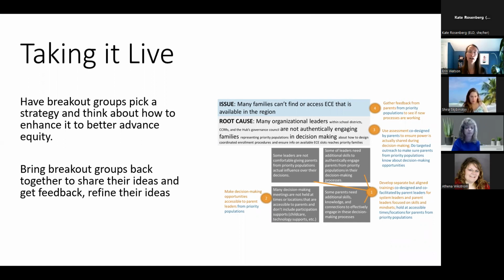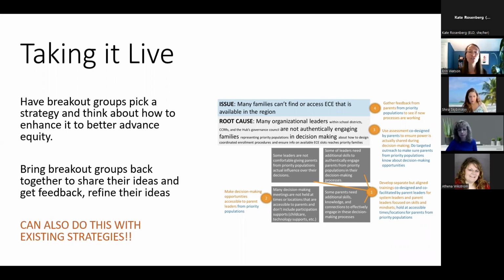Now here's a special tip. You don't just have to do this with your new system strategic plan strategies. You can even do this with existing strategies. And organizations and hub partners in their own institutions and agencies and organizations can also do this, because here's the bottom line: if everyone is designing all of their strategies and efforts and budgets and policies to advance equity, it's going to be a whole lot easier to advance equity as a region.